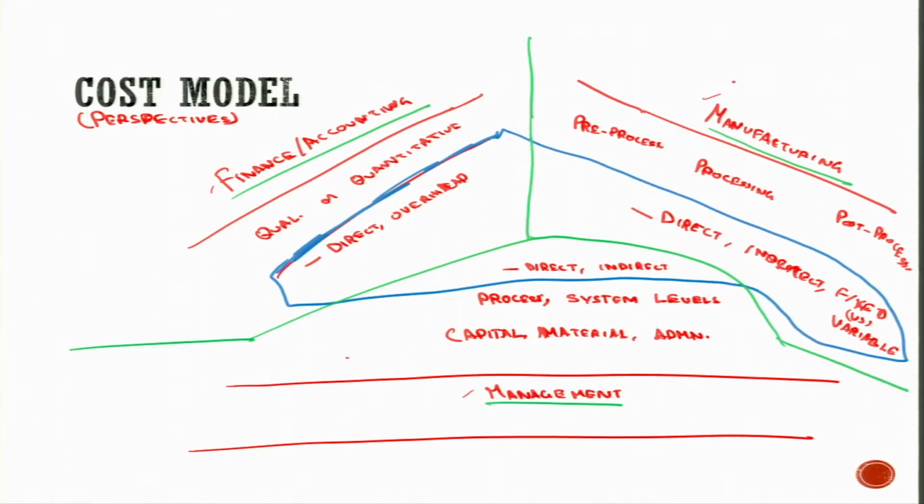Now in this lecture, I would like to discuss a model that is more focused on the manufacturing viewpoint of costing, in which pre-processing, processing and post-processing costs are calculated, in which further we have direct and indirect, fixed and variable. In terms of fixed and variable, we will have the materials, labor, energy.